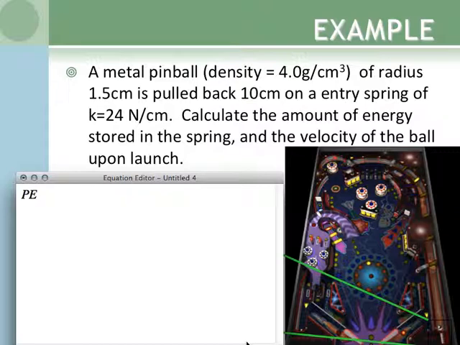So let's look at how much energy there is stored in the spring. The potential energy of a spring is 1/2 times k times x squared. And for us, that would be 1/2. And k is 24 newtons per centimeter. 24 newtons per centimeter is, if you multiply that by 100, 2400 newtons per meter.